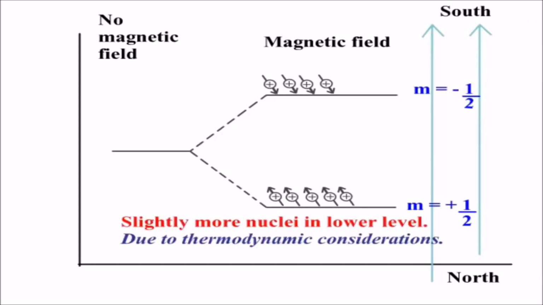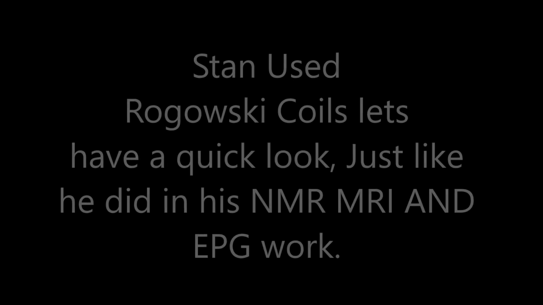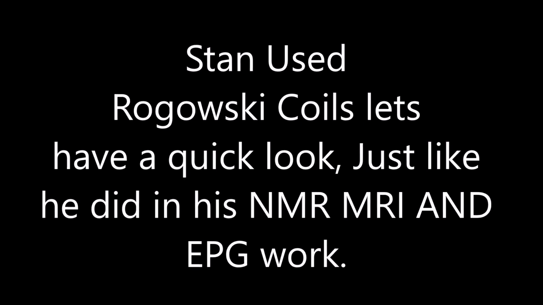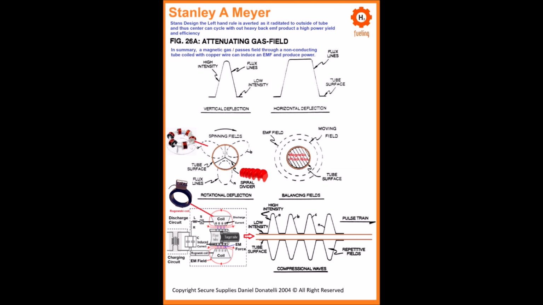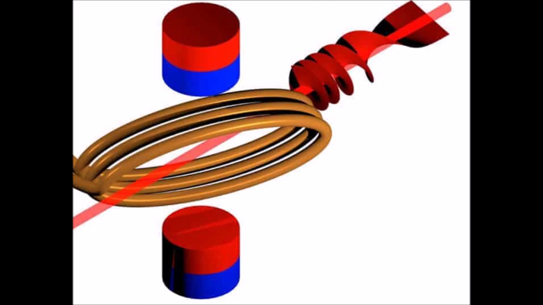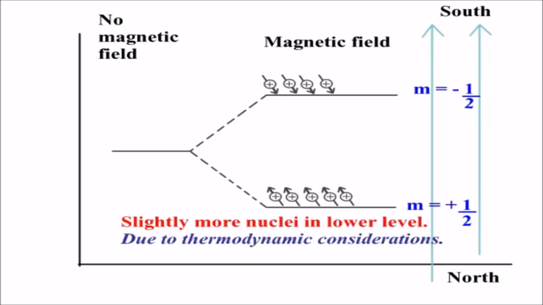Those that are aligned against the magnetic field will be at a higher level, given the value m equals minus a half.